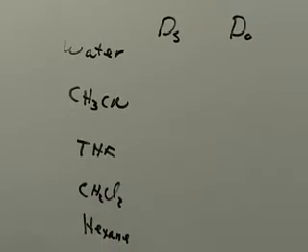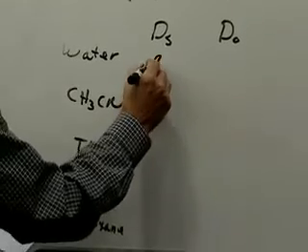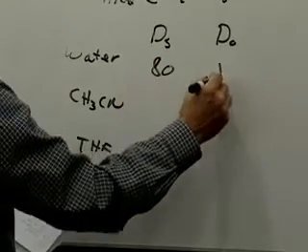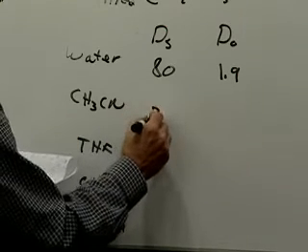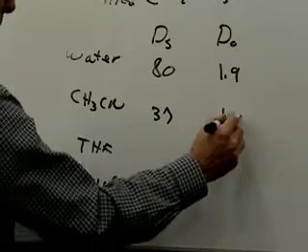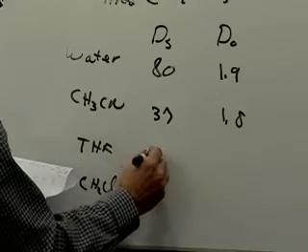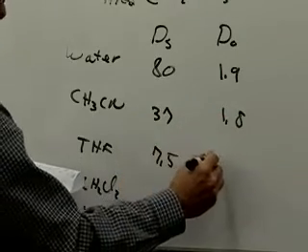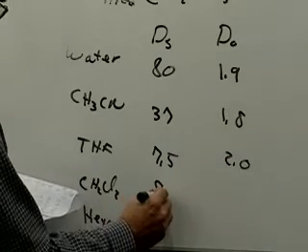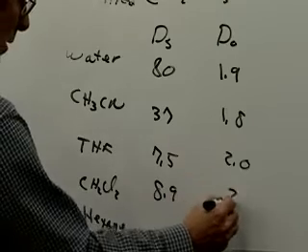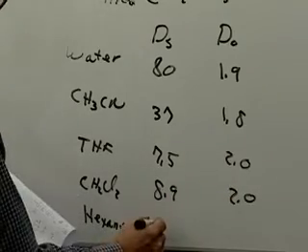For water, the Ds is about 80, and the optical is about 1.9. For acetonitrile, it's about 37 and about 1.8. For THF, it's about 7.5 and about 2.0. For dichloromethane, it's 8.9 and 2.0. And for hexane, it's 1.9 and 1.9.